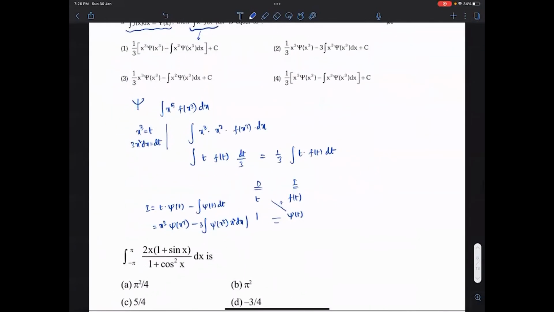X cube psi of x cube minus, and we are forgetting 1 by 3 outside. So 1 by 3 will be there throughout: 1 by 3 times x cube psi of x cube minus 3 times integral x square times psi of x cube. So not the first option. 1 by 3 will not be there for the second, because the 3 will get cancelled.